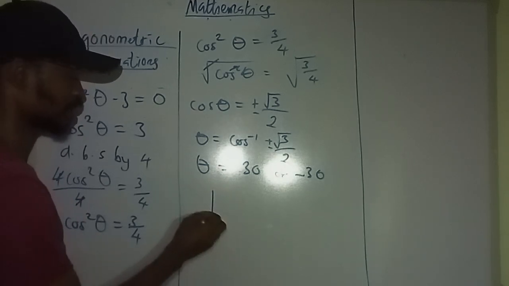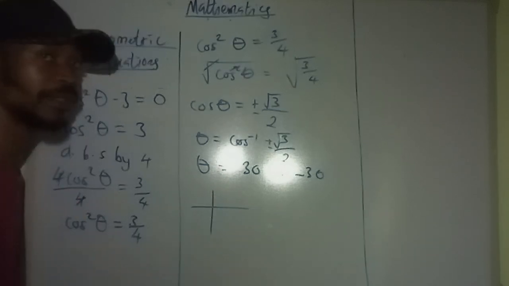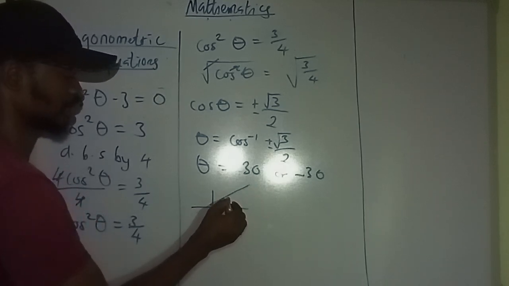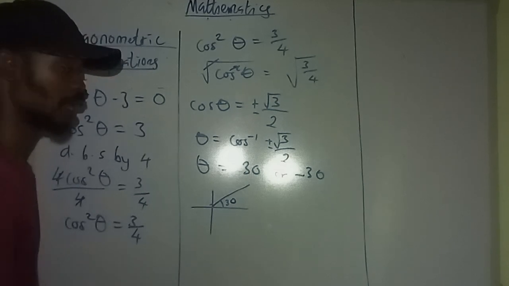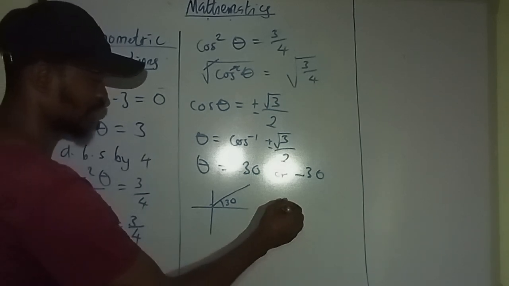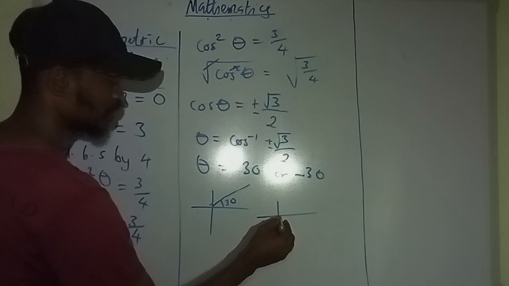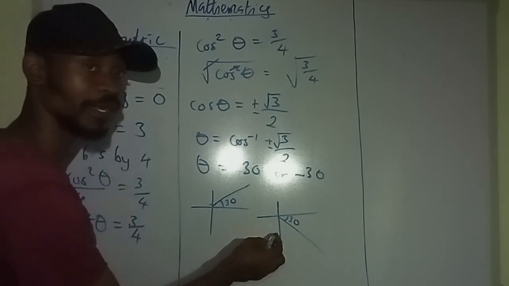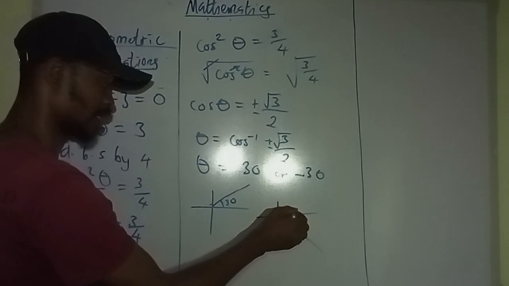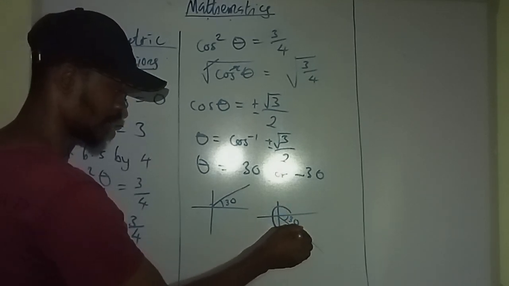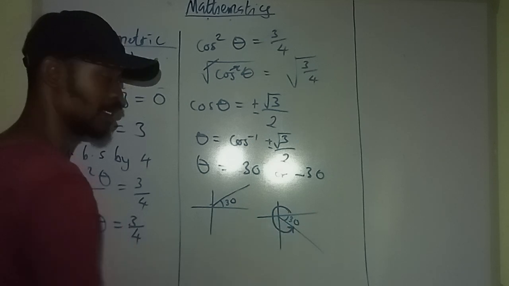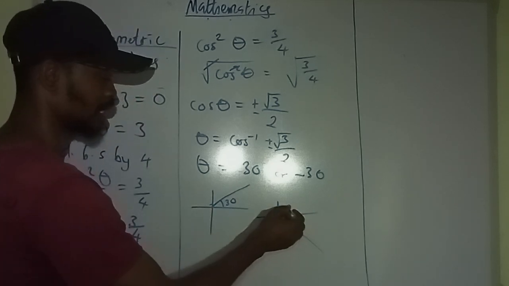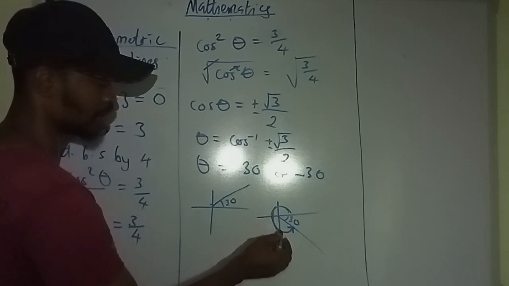It is positive in the first quadrant, so it's going to go somewhat like this. This is 30 here. Then it is positive again in the last quadrant, so it's going to go like this, and you put a 30 here. If it's 30 here, then you can go all the way from the positive x-axis to here. This other angle is the other value of theta, apart from this 30. That's 90, 90, 90.